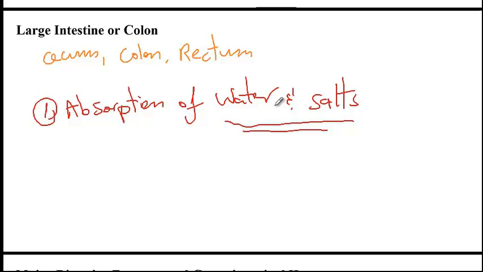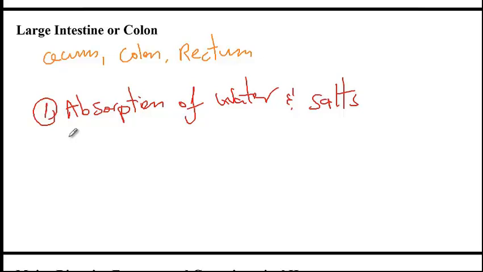And we were always told to think of the colon as a large kidney. One of the major functions of the colon is similar to the kidney, to absorb water and salts. All right, so keep that in mind. The large intestine is absorbing a large amount of water and salt. Indeed, if there is a problem with the absorption of water and salt, that's the time that you can have diarrhea.